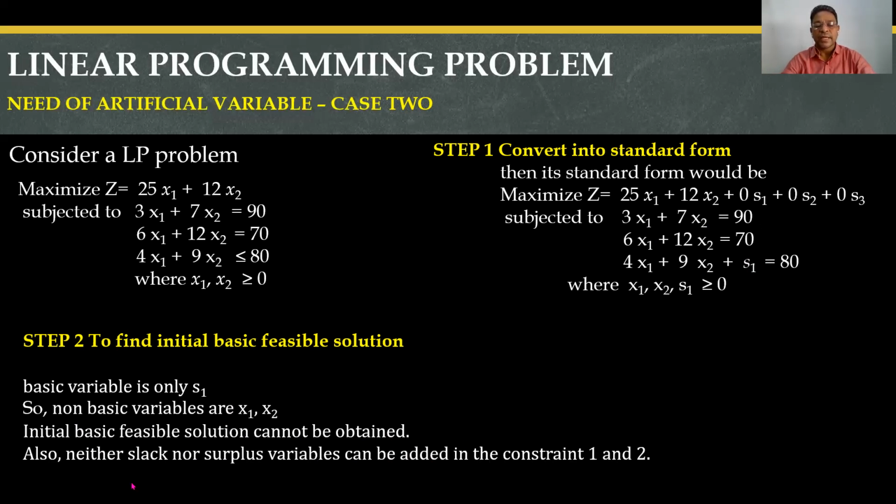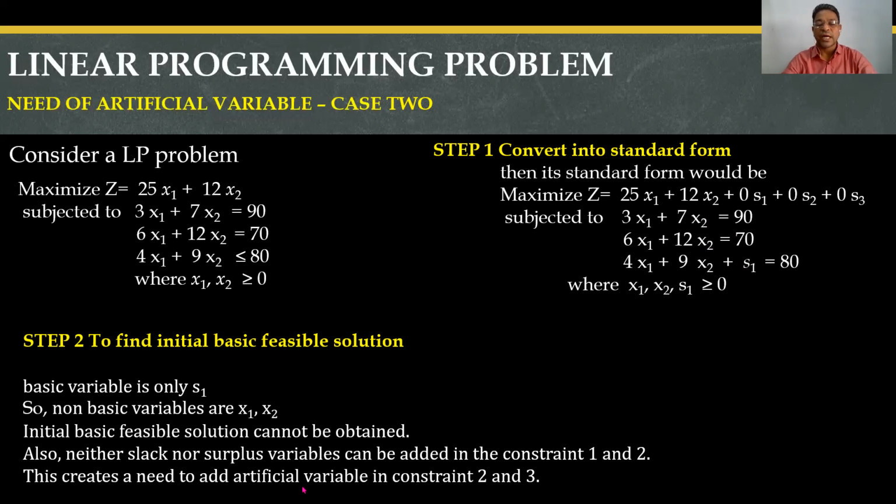We cannot add a slack or surplus variable in constraint 1 or 2 because these are equations, so there is no need of a slack or surplus variable. So what to do now? This has created the need of an artificial variable in constraints 1 and 2.